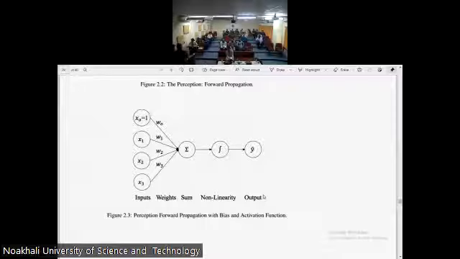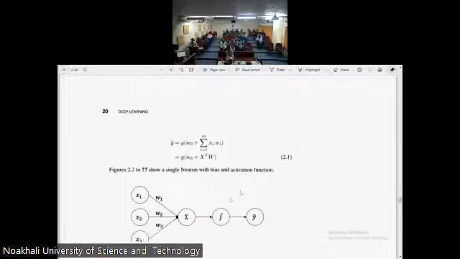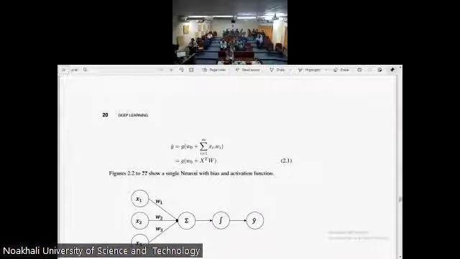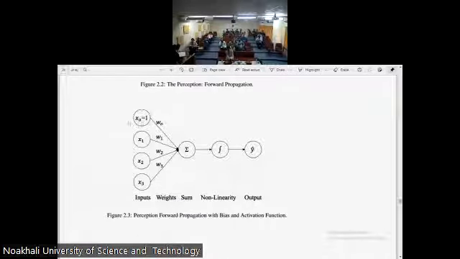Any questions up to now? So if you look here, omega 0 is the weight for bias plus the sum for i equals 1 to n of omega i times xi, where x is the input. And for bias, x0 is always 1. You see x0 is constant, which is always 1, right?